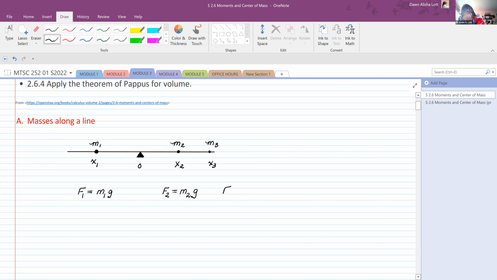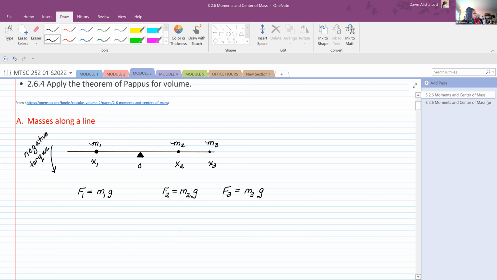And this last one over here has a force, F3, which is equal to its mass, again, times gravity. So when we rotate this direction, this is what we call negative torque. Okay, that's in the clockwise direction.